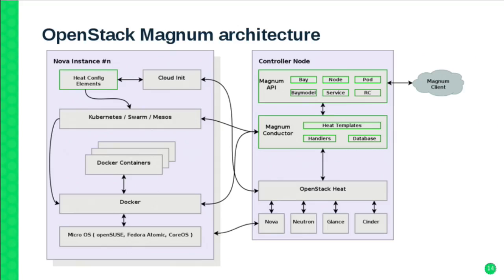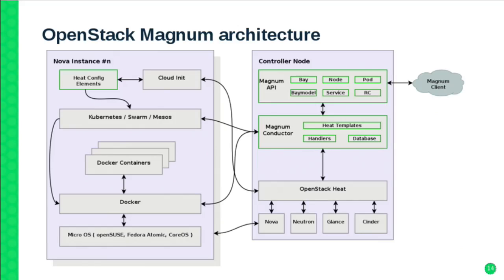So let's look a little bit at the architecture of this project. As I said, on the controller node, we are starting new services, one is called Magnum API, and the second Magnum Conductor.